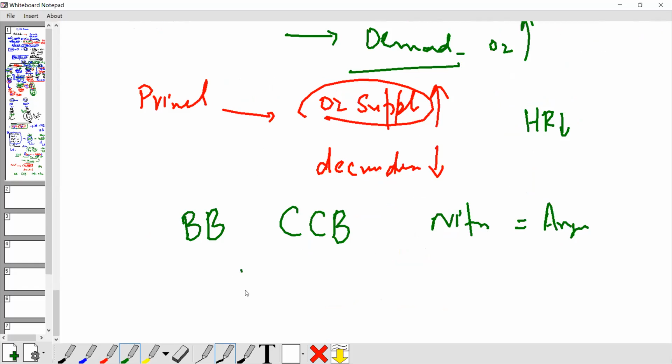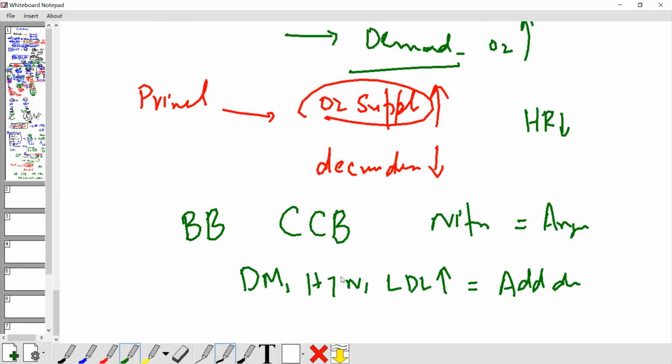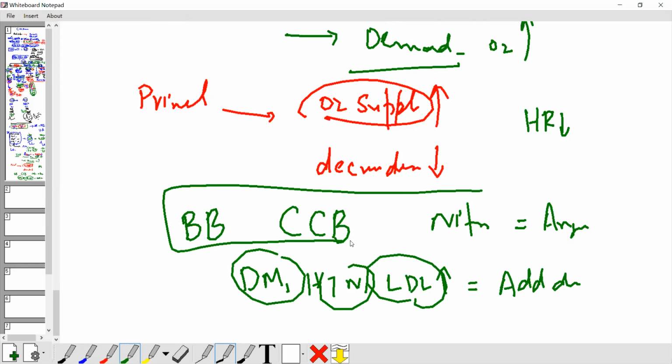If the patient has obesity, diabetes, hypertension, or a very high level of LDL, you add drugs for hypertension, for diabetes, and for LDL. Clear? The basic requirement here is beta blocker, calcium channel blocker, and nitrates.